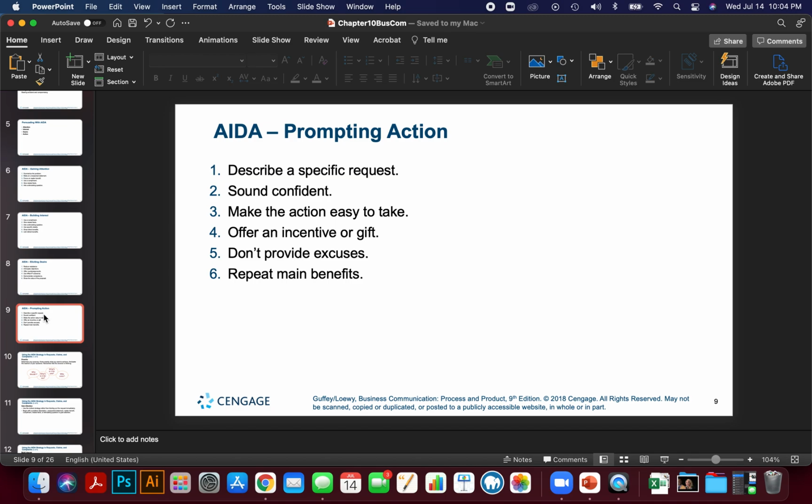It can be an intangible object as far as incentive or gift. A lot of intangible objects may be compliments or a guide or information. That doesn't have to be a true tangible, like a who's-it or what's-it gift. Don't provide excuses and repeat the main benefits.